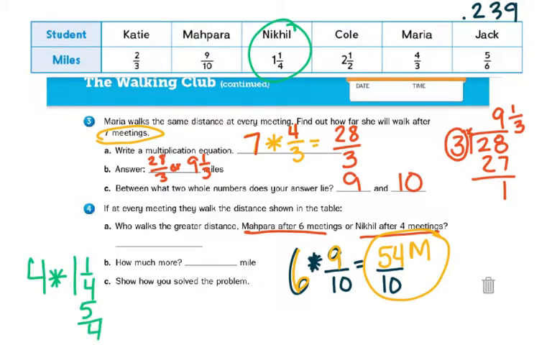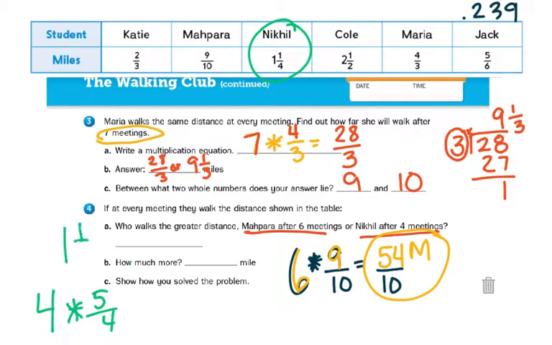So I'm going to convert that to 5/4 because 1 is the same as 4/4. I'm just going to add those together. So I'm going to say this is 4 times 5/4. Remember I had 1 1/4 there. Just change that whole number into a fraction equal to 1, and now it'll be easier to multiply.